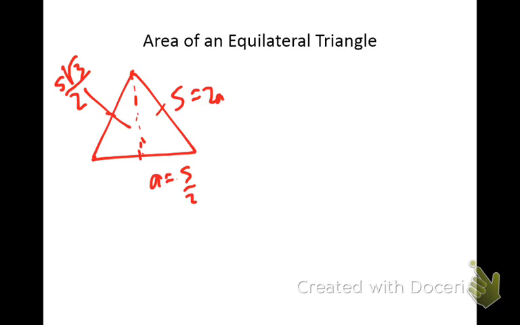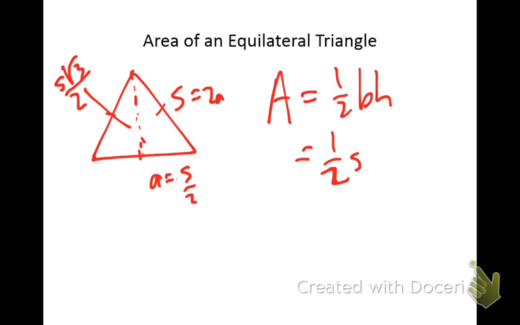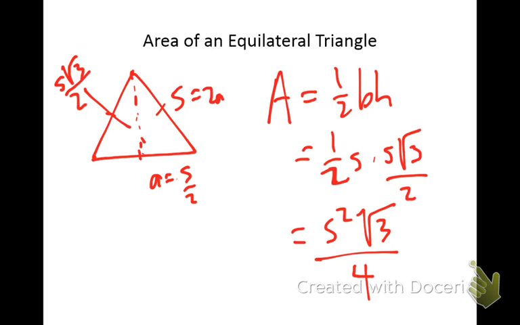So if I do 1/2 base times height on that shape, we have 1/2, the base is S, and the height is S radical 3 over 2. So that's going to be equal to side squared radical 3 over 4.